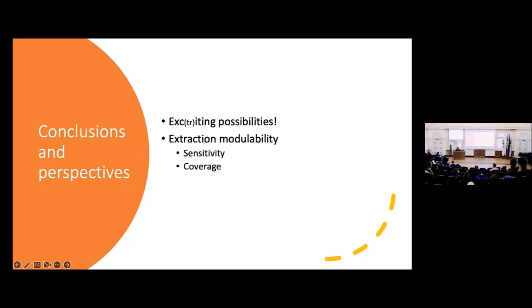As perspective, we really want to explore more the MCT approaches based on coffee or on other really interesting matrices.